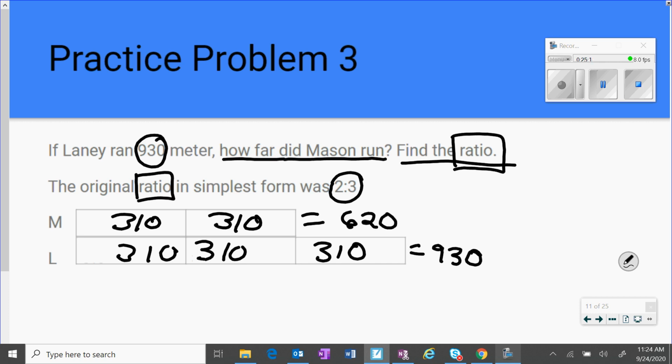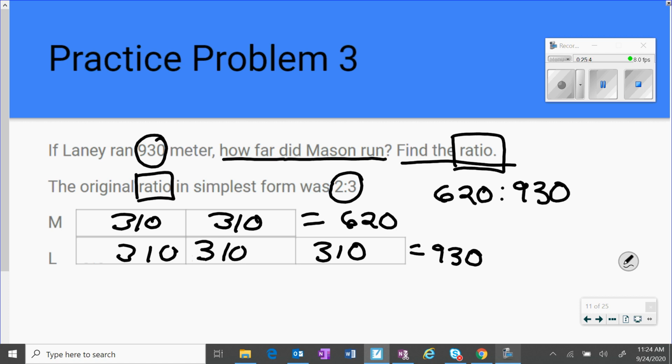Now, we got our two numbers. We have to find the ratio. So what's the ratio? Who can tell me? Yes, Armstrong. Yes, 620 to 930. That's your ratio.